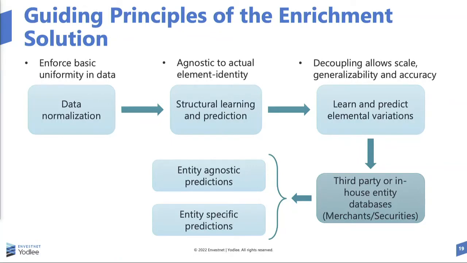Or it is Best Buy, so that happens to be a store. So in this example, if you're able to find the merchant, the category follows. The category is completely dependent on what the merchant is. This is what I call the entity-specific prediction.